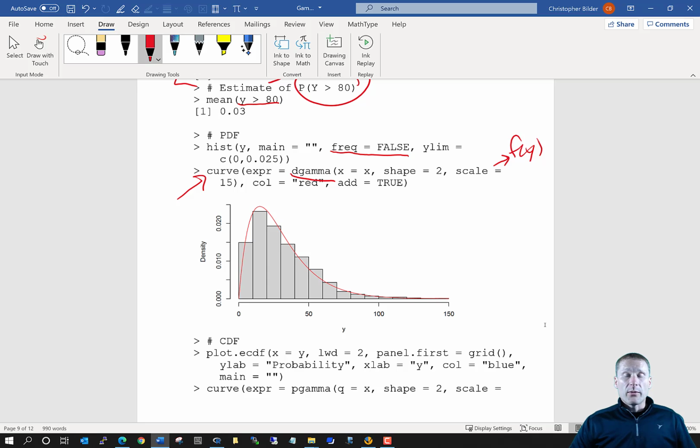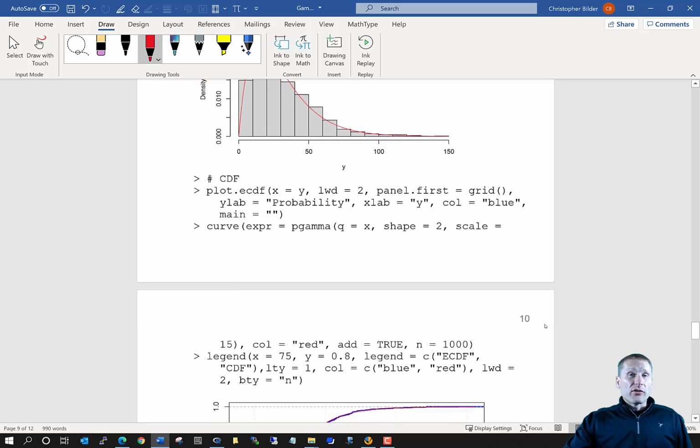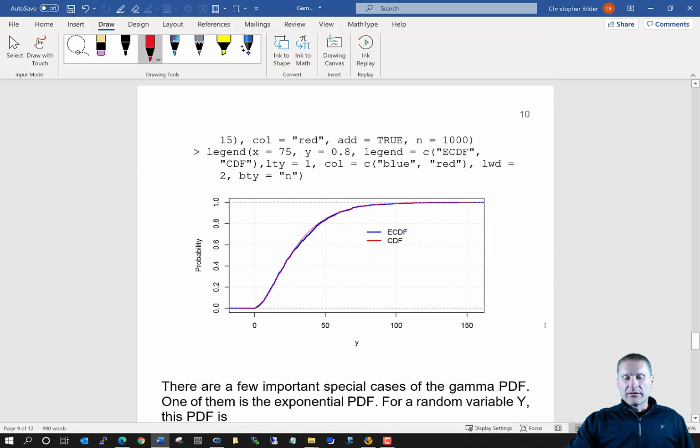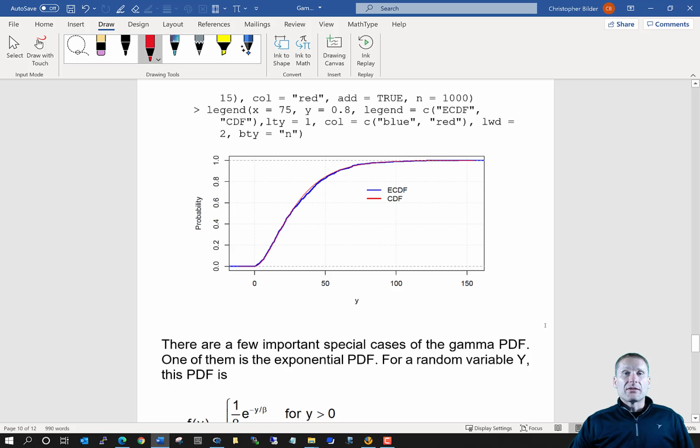Again, this is what we would expect. This shows you what it means to characterize a population by a particular probability distribution. I could also do the CDF as well. So I can plot the empirical CDF on the same plot as the actual CDF, and we get agreement between the two, as we would expect.